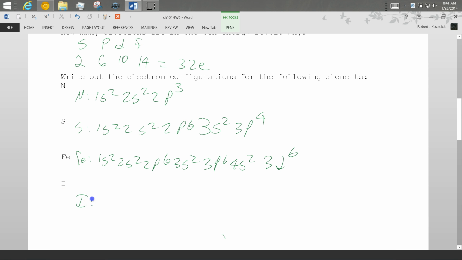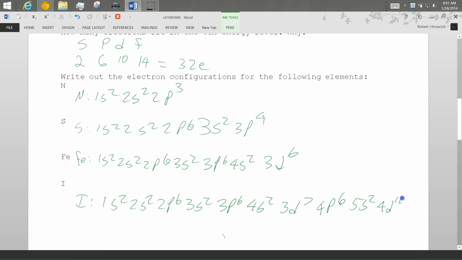All right, so iodine, 1s2, 2s2, 2p6, 3s2, 3p6, 4s2, 3d10, 4p6, 5s2, 4d10, and 5p5. You got a 3d7 in there, is that 3d10? Yeah, I don't know why I wrote 7. Thank you.